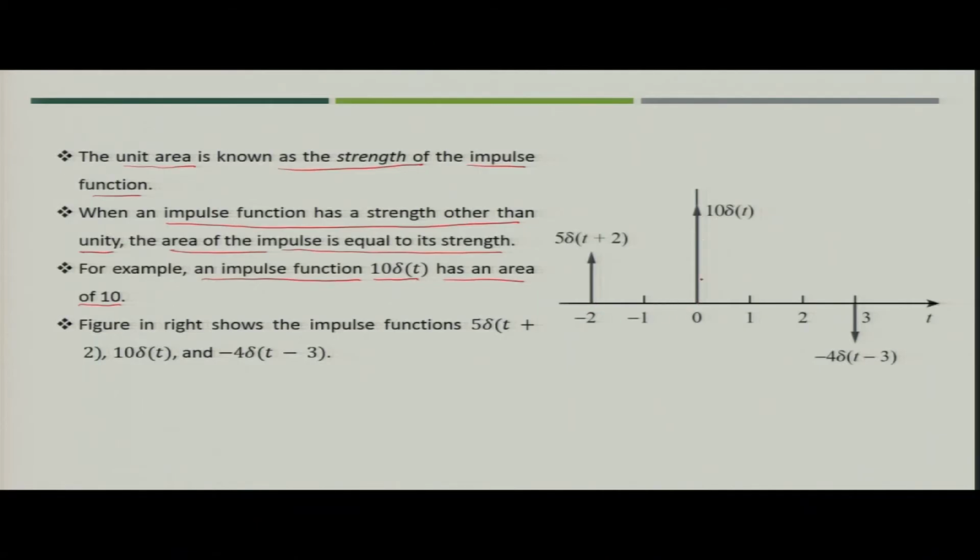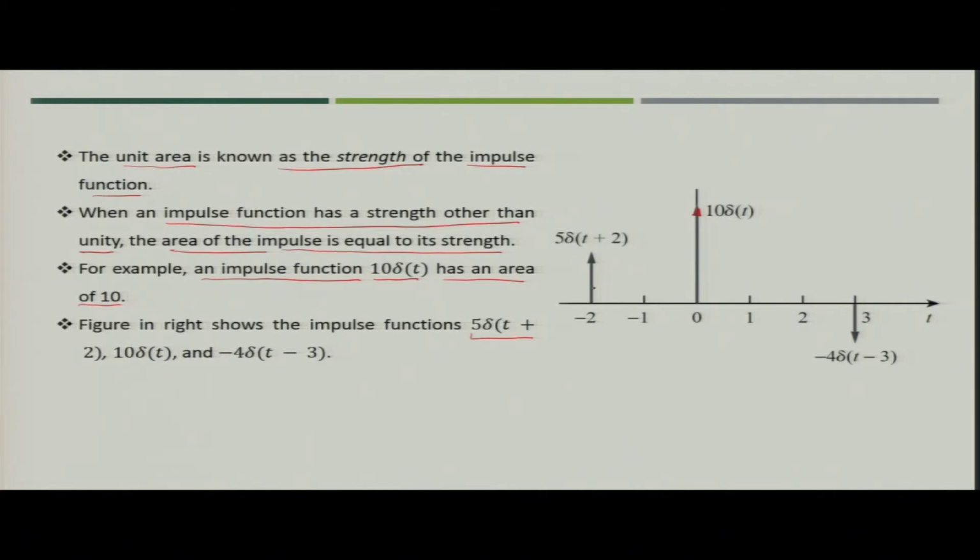You represent them with some scale, and in this figure you can easily see the value of 10 delta t. And 5 delta t plus 2 is this one, because if you compare with the unit step, we discussed that it is advanced by some time, minus t naught.